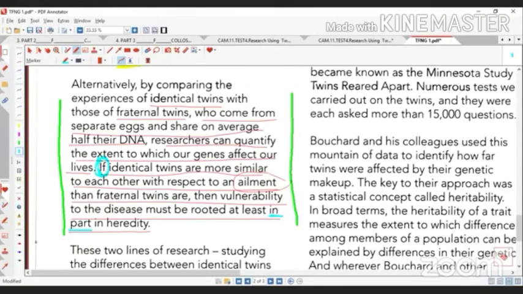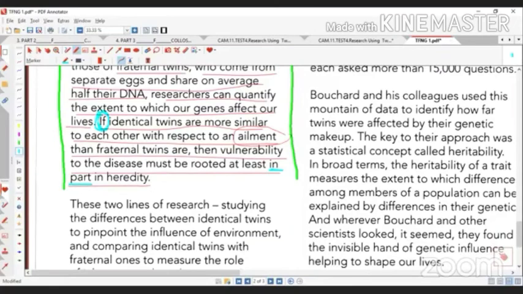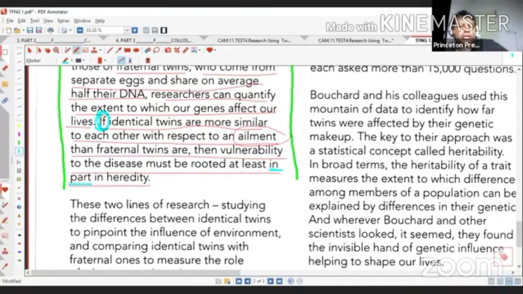It's not clearly stated here that due to being identical twins or fraternal twins, they have more similar diseases or are more prone to some diseases. Listen, they are not comparing fraternal twins with identical twins.